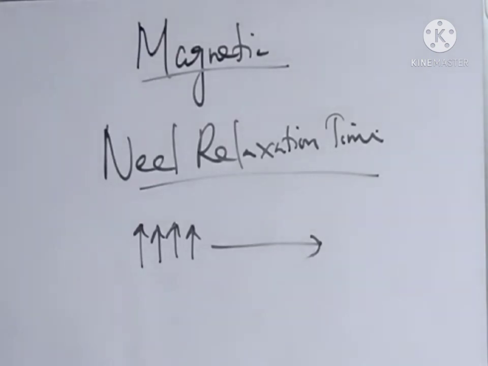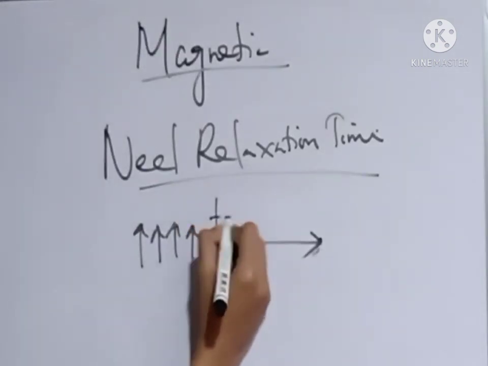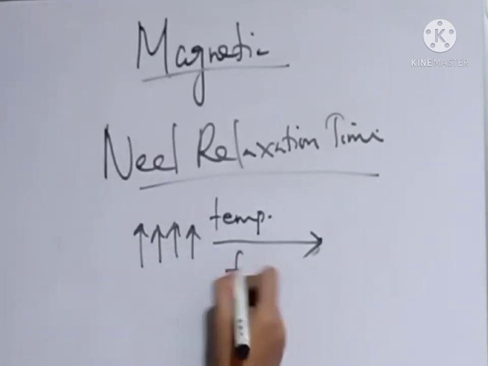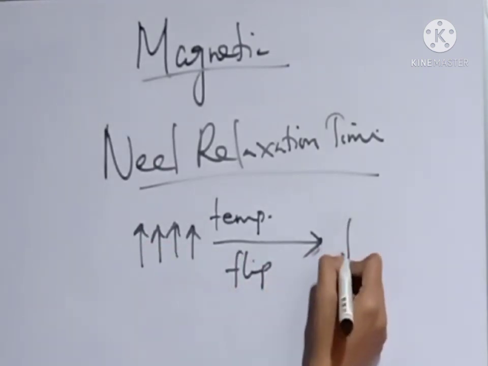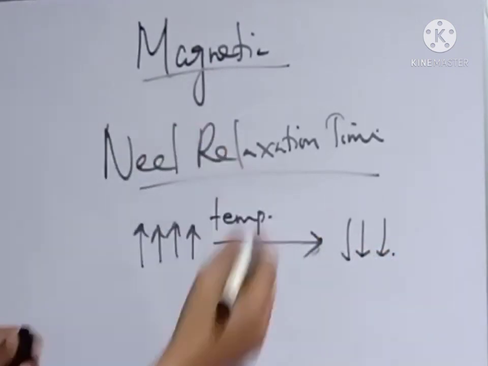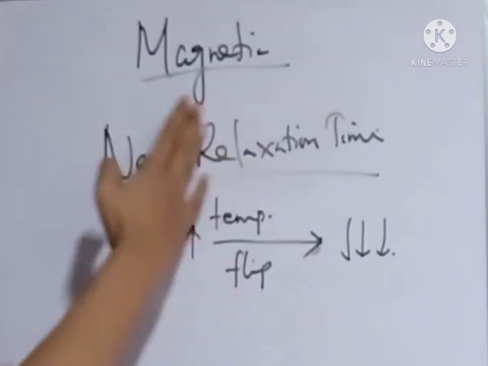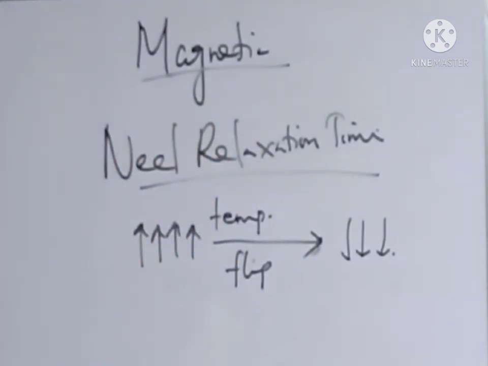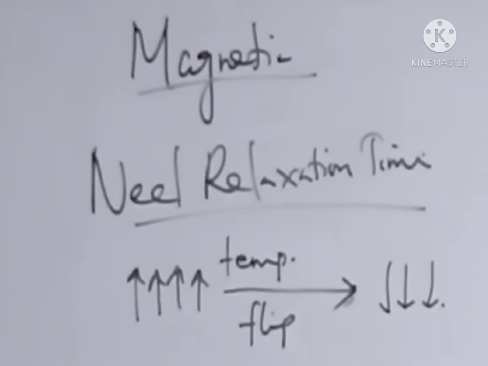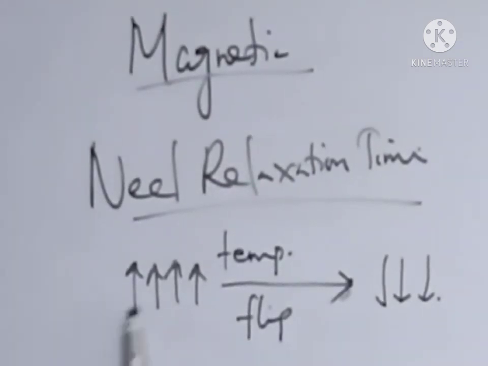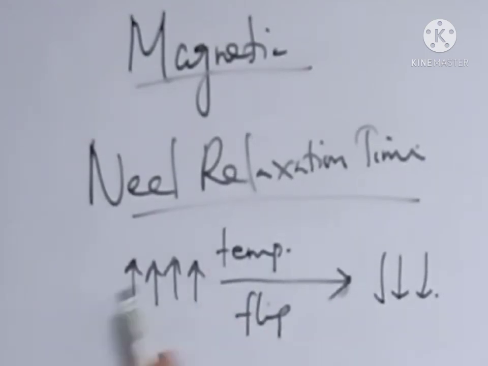When the size of the nanoparticle is sufficiently small, then under the influence of temperature, these particles can randomly flip their directions. The time between this random flipping is known as Néel relaxation time. So, Néel relaxation time is the typical time between two flips.